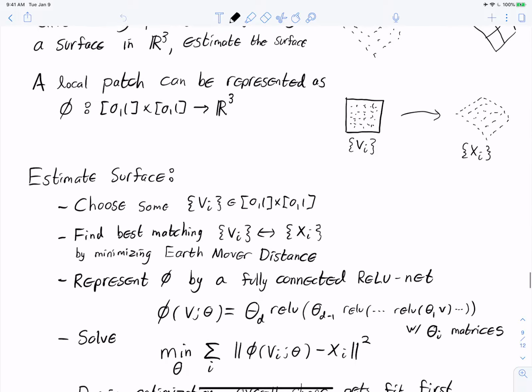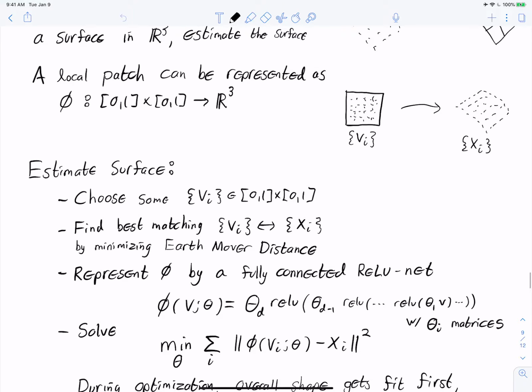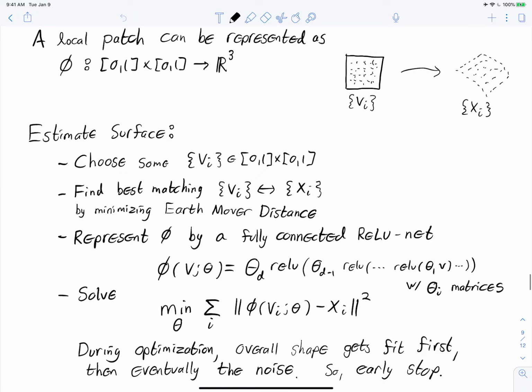The process for estimating the surface is as follows. Choose some vi's in the square that have the same number of points as the xi's that you have in R3. You could, for example, choose these randomly. Then your first process may be to find the best matching between each of these vi's and the xi's.